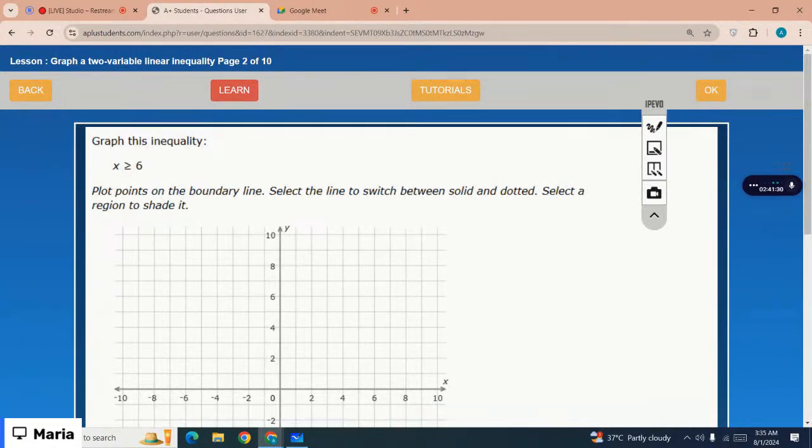Graph this inequality. X is greater than or equal to 6. So which is the correct option?